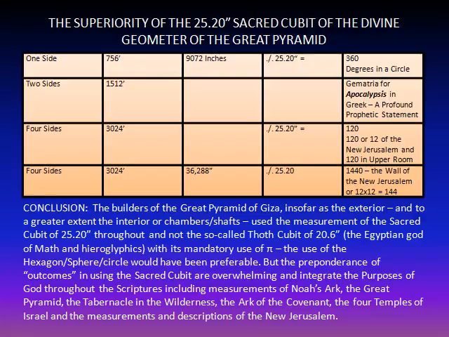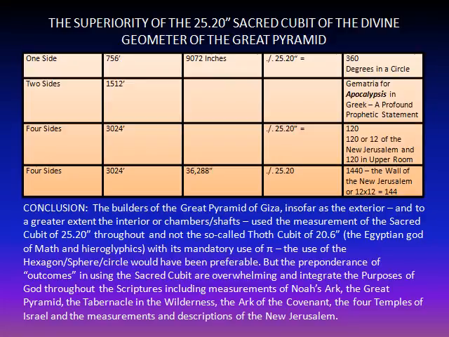On four sides of the pyramid, we come up to, again, 3,024 linear feet, which in inches is 36,288 inches. That divided by the sacred cubit of 25.20 will give us 1,440. The wall of the New Jerusalem, or 12 times 12, which will equal 144.